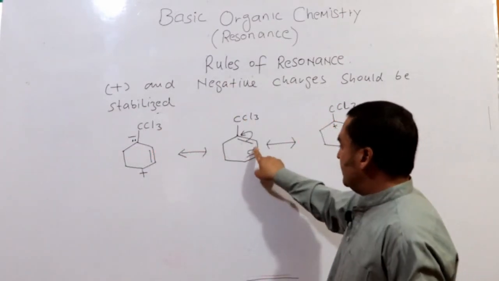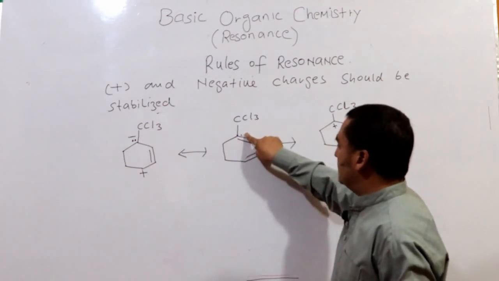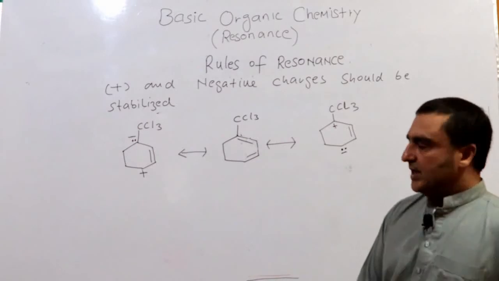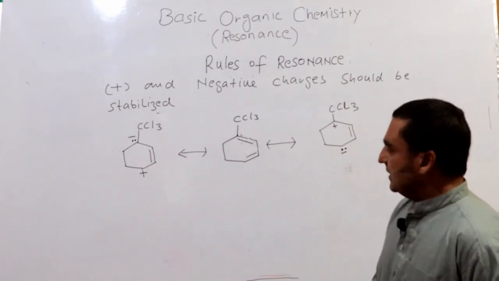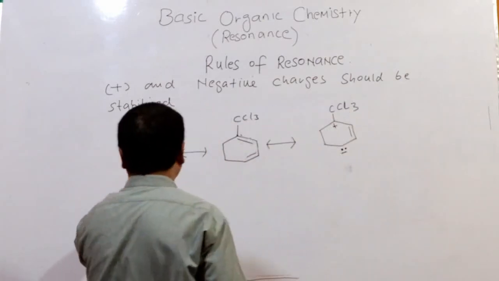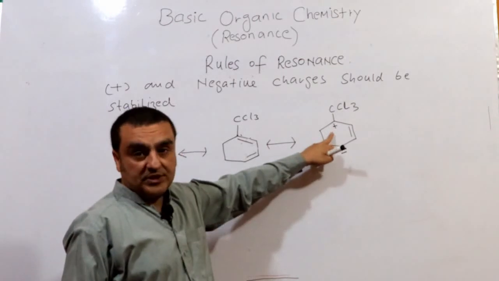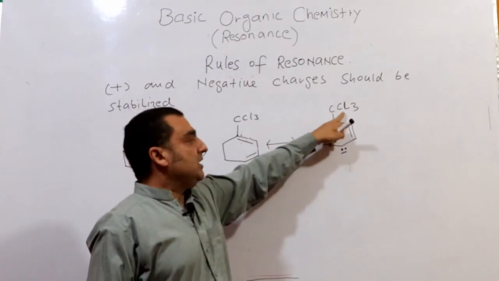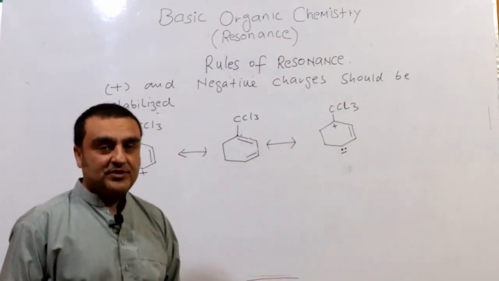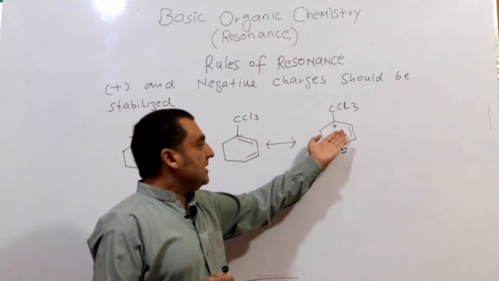This is the best of the best structure, because it has more covalent bonds and zero charges. These have two charges. Now let's compare those two. The positive charge is present on a secondary carbon. Here the positive charge is present on a tertiary carbon, but here three chlorine atoms are present. So this is not really a tertiary, it is very bad. So what will be happening?